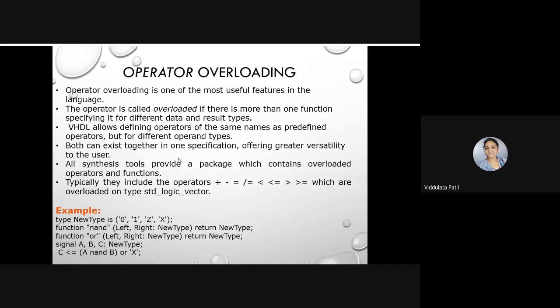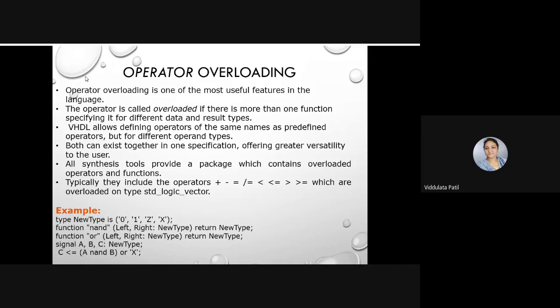Then another type of overloading is operator overloading. Operator overloading is again a useful feature in this language. The operator is called overloaded if there is more than one function specifying it for different data and result types.